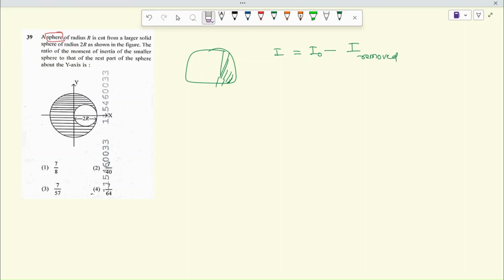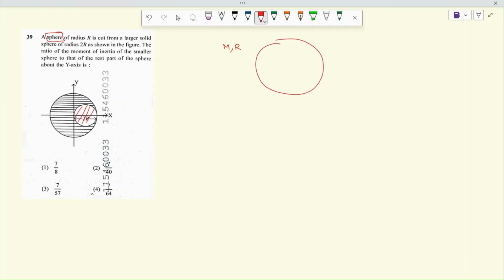Now let us use this concept to find the given thing. First of all, assume the smaller portion is having mass m. Radius is given r. Here we have two parts: the bigger sphere and the smaller sphere.